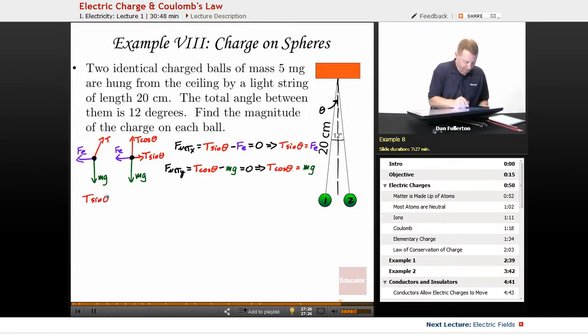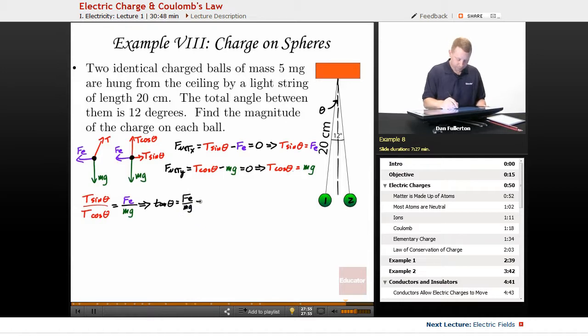T over T is 1. Sine theta over cosine theta is the tangent of theta. So the tangent of theta equals Fe over mg, or the electrostatic force equals mg tan theta.